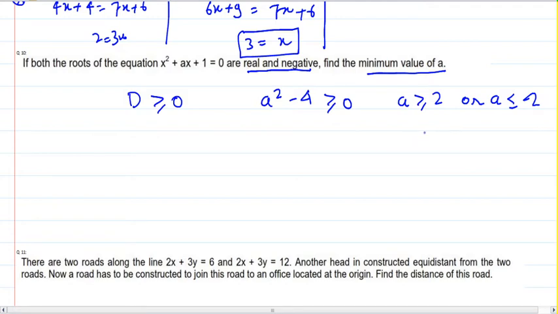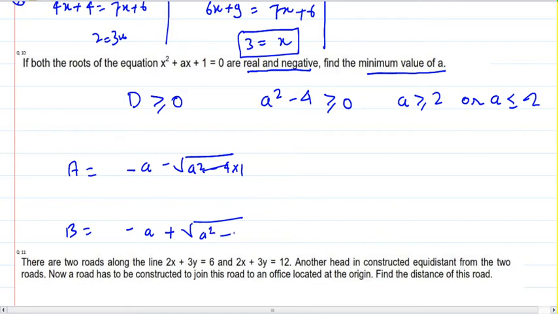We'll come back to this. You want roots to be negative. See, values of roots are given by negative of the middle term, that is a in this case, minus root over a square minus 4 into 1, plus root over a square minus 4 into 1, upon 2.